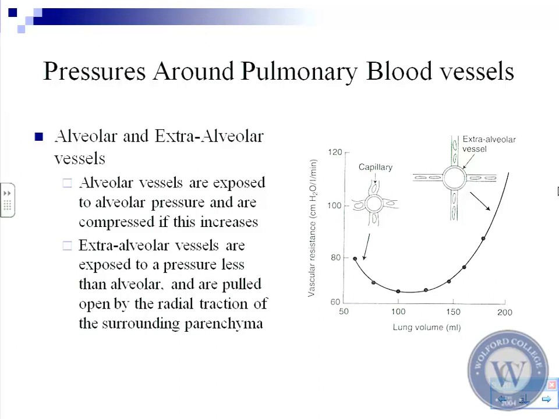Okay? So normally alveolar vessels are exposed to alveolar pressure and are compressed if this increases. So if you over-distend the lung, in other words, I inflate the lung too much, what will happen to my capillaries inside my alveoli? They will collapse. And when they collapse, that will open up more of the extra-alveolar vessel and as a consequence cause a temporary shunt.